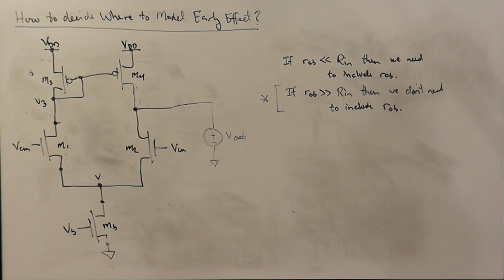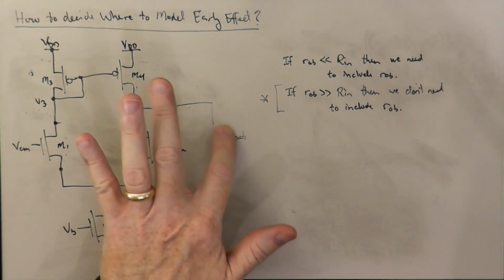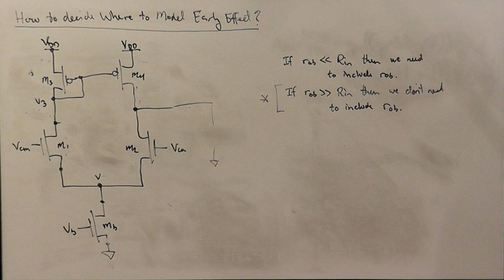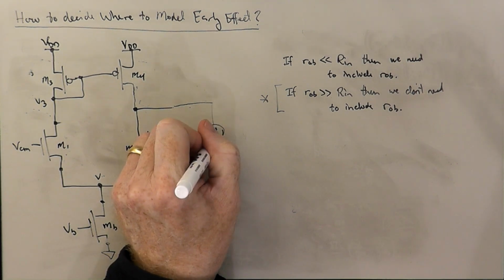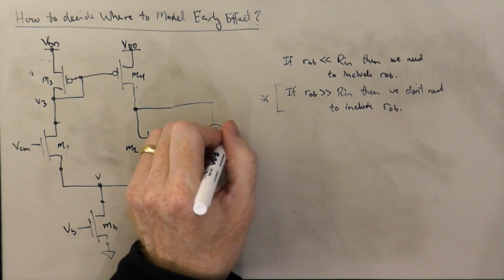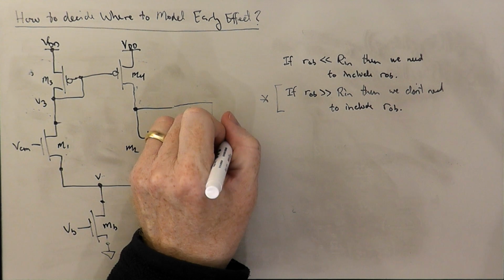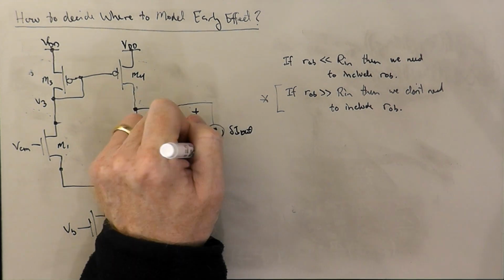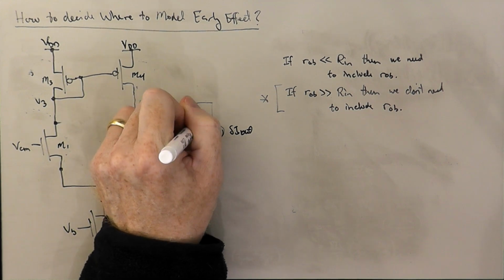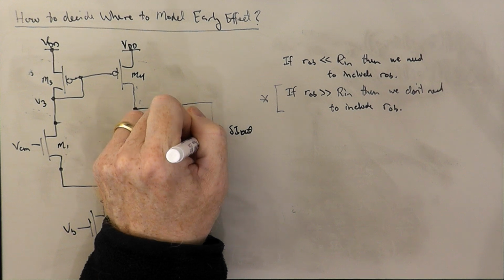Now when it comes time to do the R out part of the calculation, the game is a little bit different. Formally, what we are doing is we are injecting a delta I out, and we want to know what is the delta V out that results.